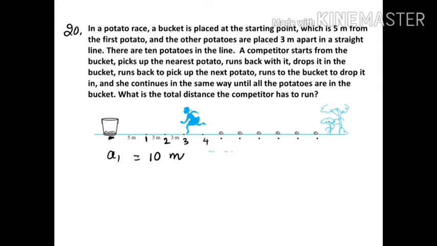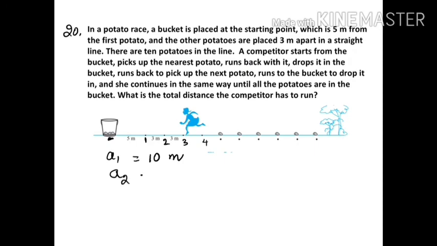Now the second term will be the distance she covers to pick up the second potato. So she starts from the bucket, covers 5 meters, then 3 meters, then she runs back 3 and then 5. So she is running 5 plus 3, 8 into 2, which is equal to 16 meters.